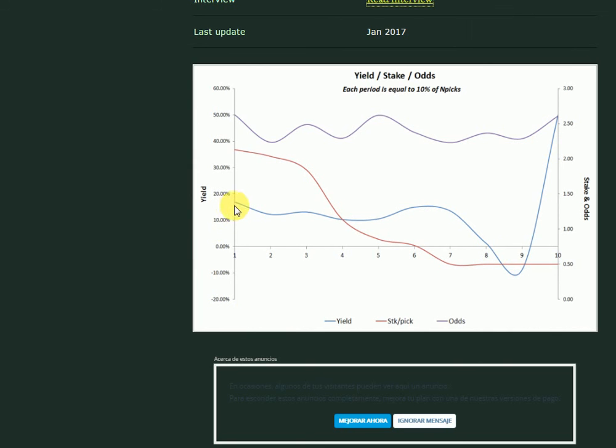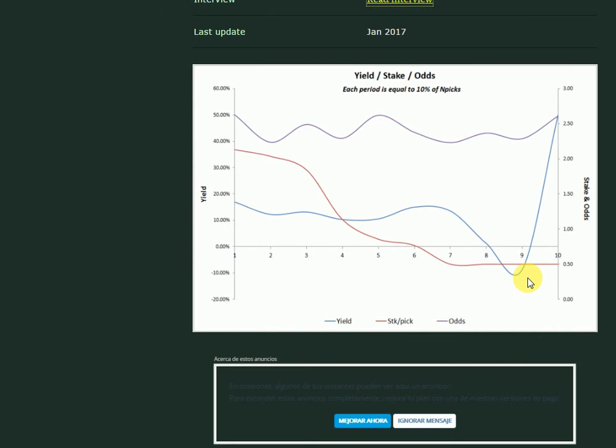Interestingly, this tipster was really stable until the 7th period, which means 70% of the total of his picks, ranging from 12 to 18 maybe. But then something happened. It was a crash, and his performance decreased in the 8th and 9th periods.